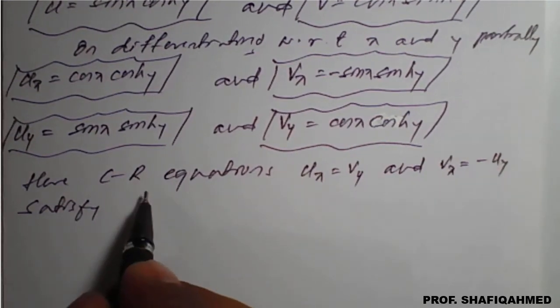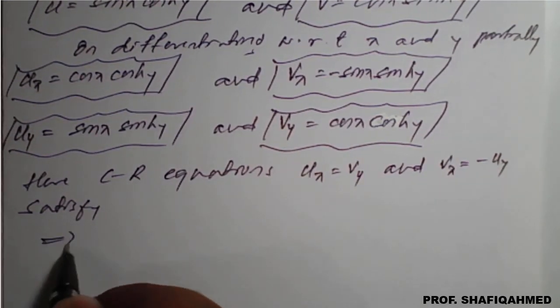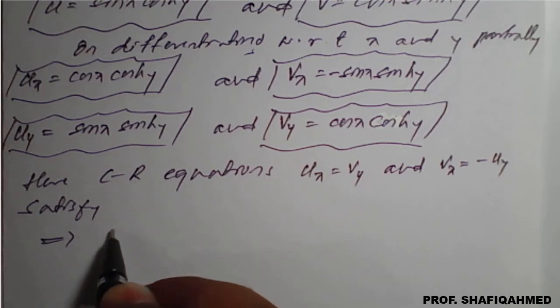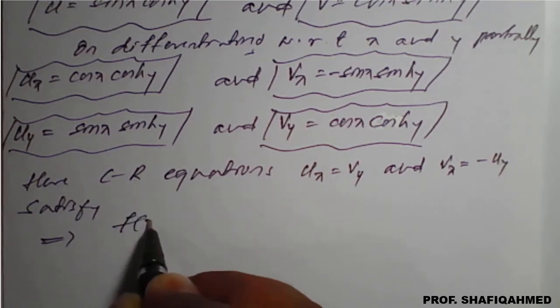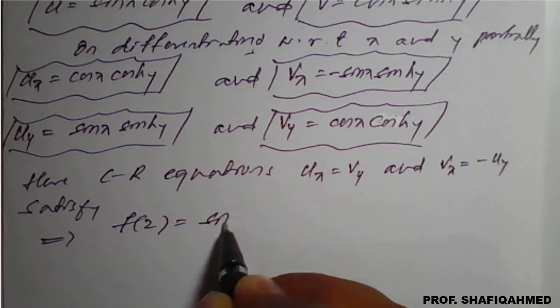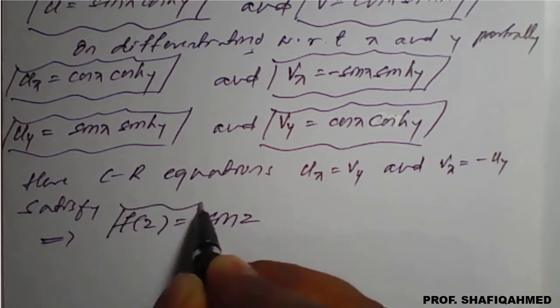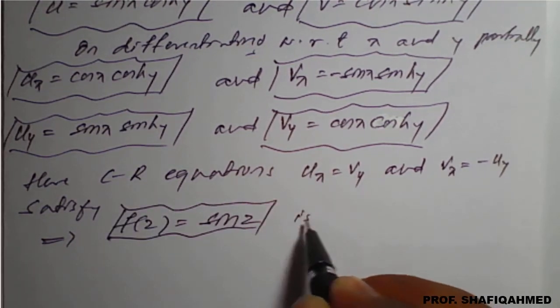So if the CR equations are satisfied, we can say that the function f of z is equal to sine of z is analytic.